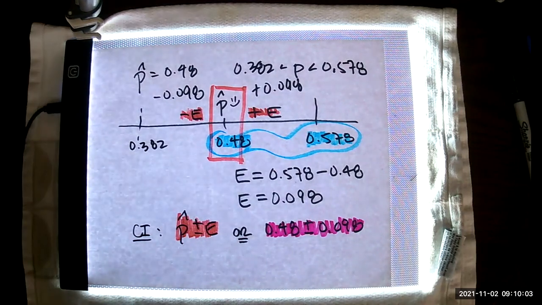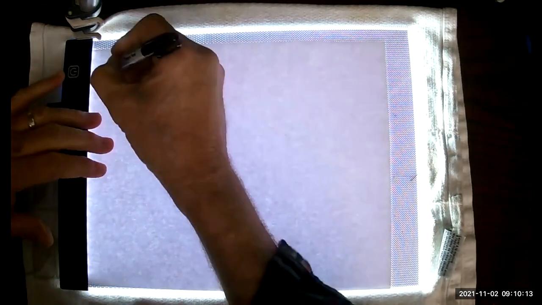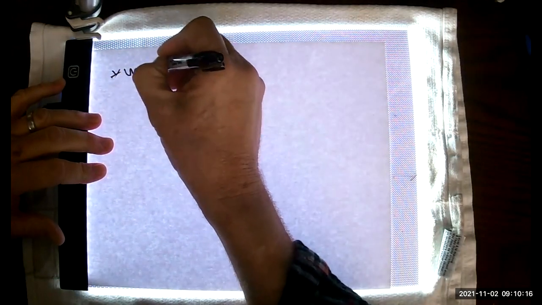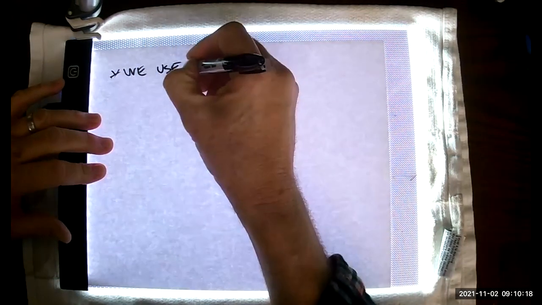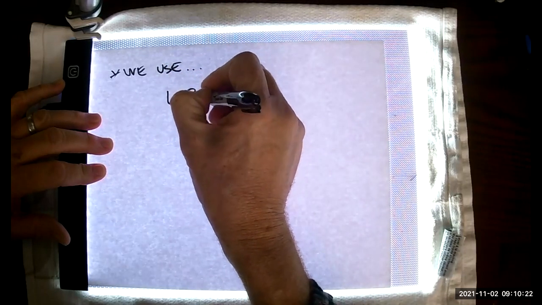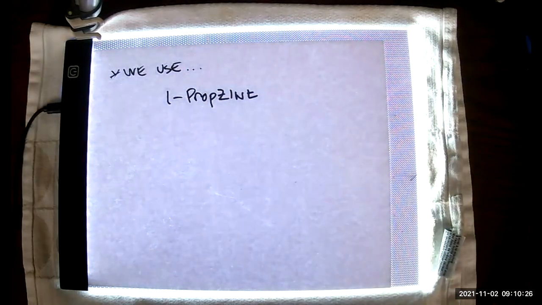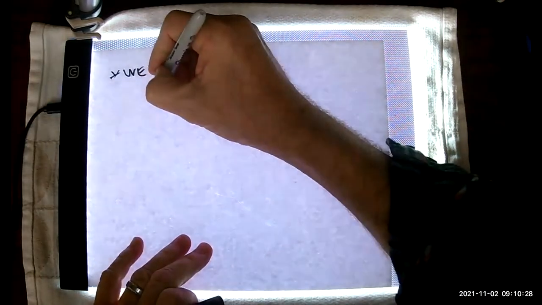Now, let me go ahead and show you where the TI-84 tool lies. We use what we call one prop z interval, or one prop z in.